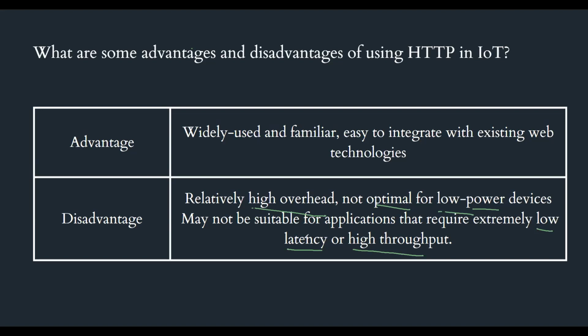Once we need low latency and high throughput, the HTTP method might not be the optimal one, because it takes time to do the handshake procedure, send the control messages and establish the communication. Therefore, it might not be the optimal scheme for IoT applications.